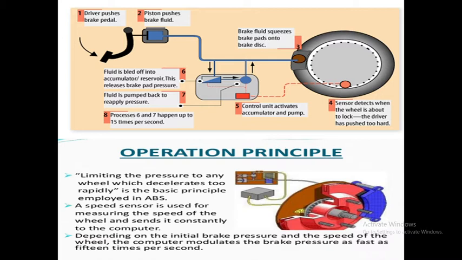The hydraulic control unit receives signals from the ECU to apply or release the brakes. It controls the braking by increasing the hydraulic pressure as well as bypassing the pedal to reduce braking. The main function is to avoid skidding of the vehicle.